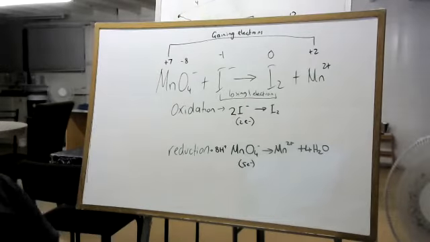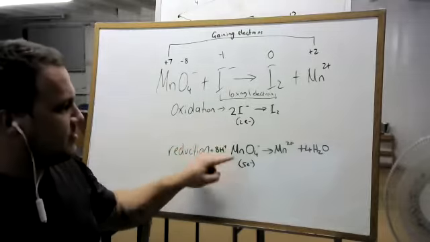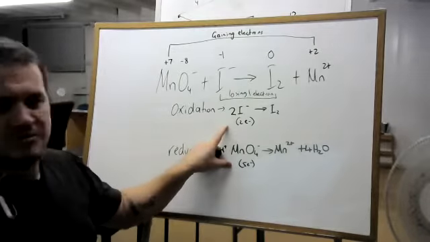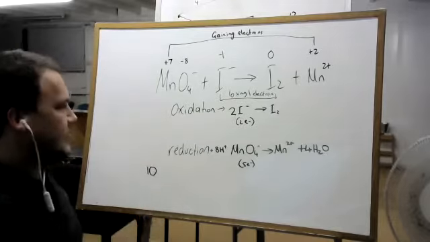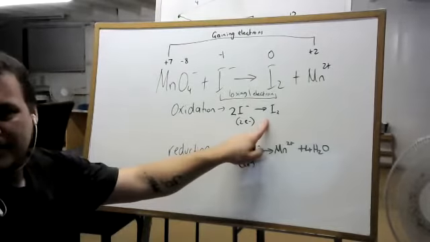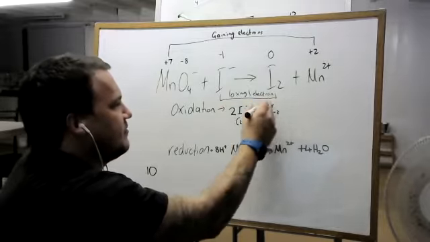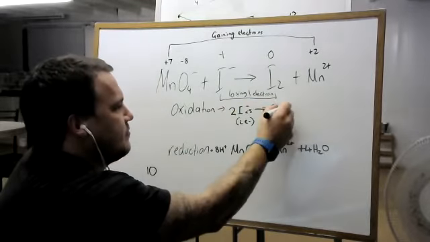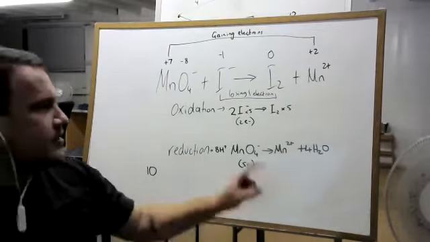What I want you guys to do is find the common denominator, or the nearest number between 2 and 5, which would be 10. So everything in this top reaction, times it by 5. Everything, including the iodine, everything.